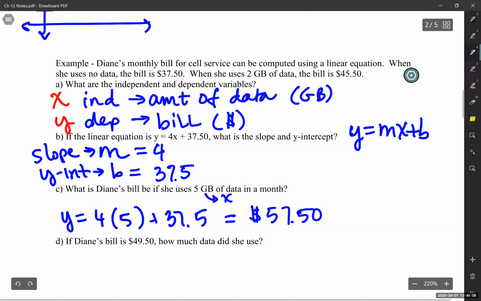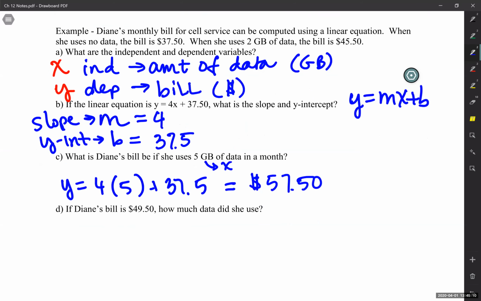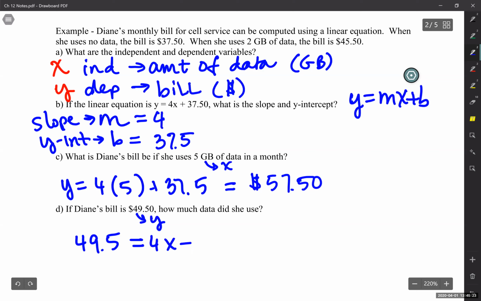Another way to look at this problem is, if you know what her bill is, how much data did she use? So her bill, remember the bill is y. So if the bill is $49.50, what is the x that correlates with that?